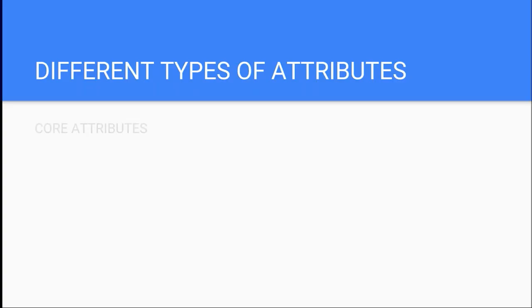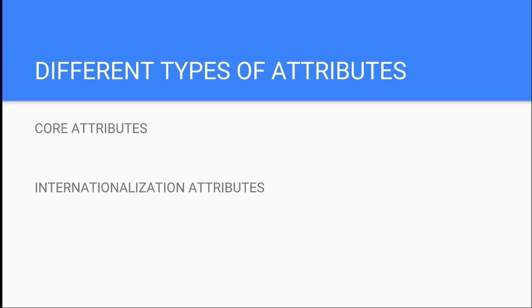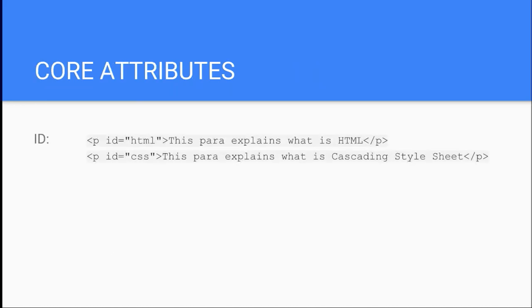What are the different types of attributes? There are three different kinds of attributes. One is core attributes, the other one is internationalization attributes, and the third one is generic attributes. Let us discuss the core attributes. The first core attribute is ID. ID means identification.